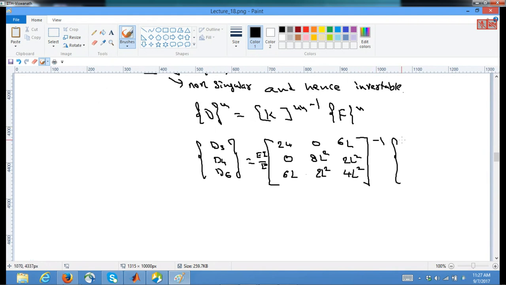Fu is F3, F4 and F6. We know F3 equals minus 1000, F4 equals plus 1000, and F6 equals 0. Right? So let us try to solve these.